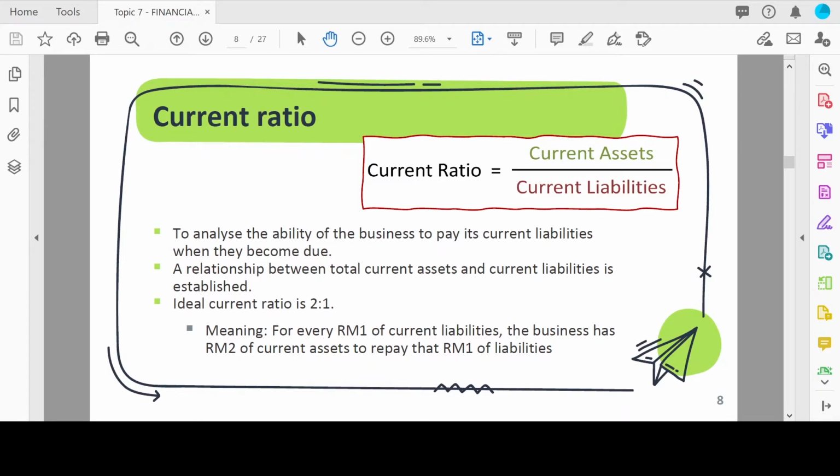So for least liquid asset, for example, the closing inventory. For the inventory, it takes time for the business to convert inventory into cash. If you sold goods on credit, you turn inventory into account receivable.